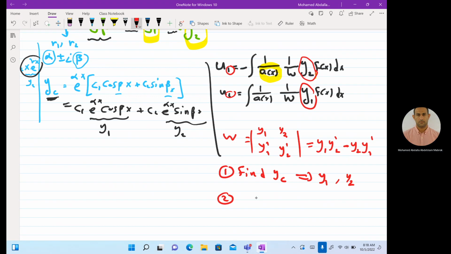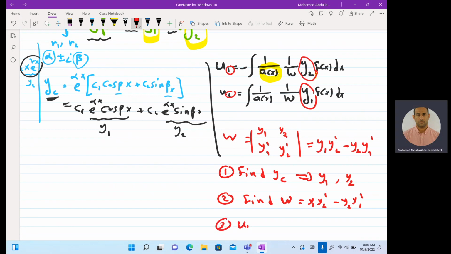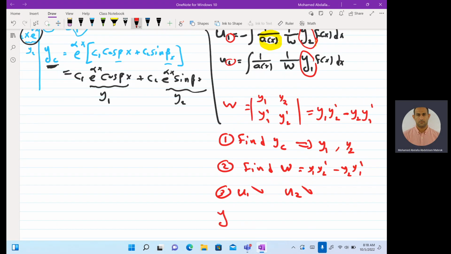Second step is find w, which is again y1 y2 dash minus y2 y1 dash. Number three, find u1 and u2 from these formulas, and then construct your yb, which is u1 y1 plus u2 y2.